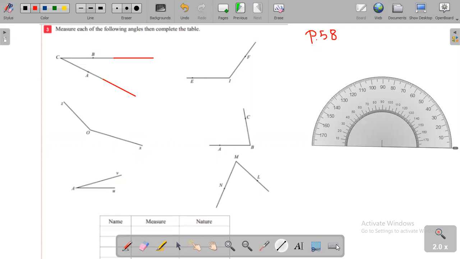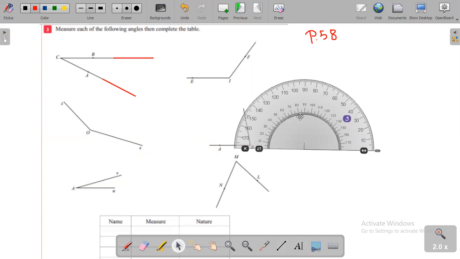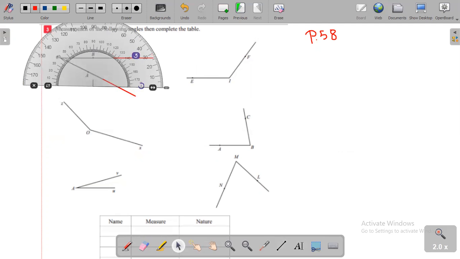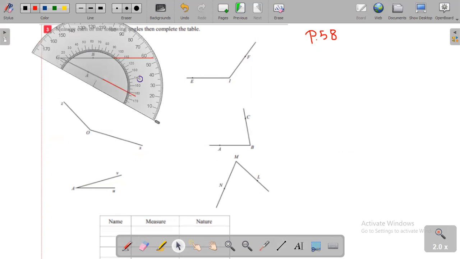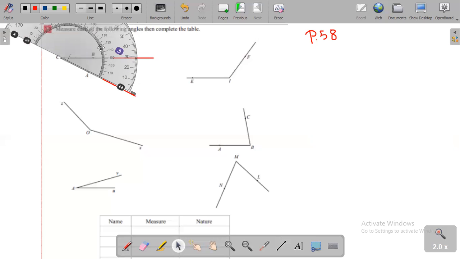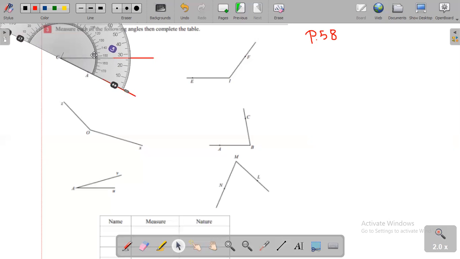We take the protractor and we put the protractor on one arm. Let's put it, for example, on CA. We put the middle of the protractor at the vertex C. So we move the protractor to put the middle at the vertex C. And we start from the 0 and we see the other arm is at which measure?